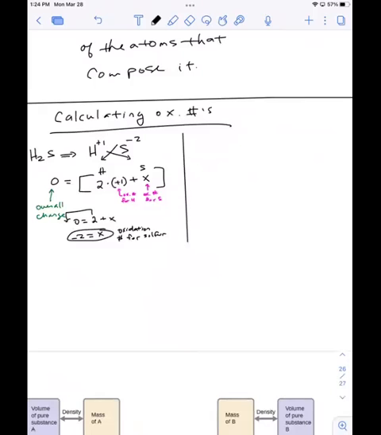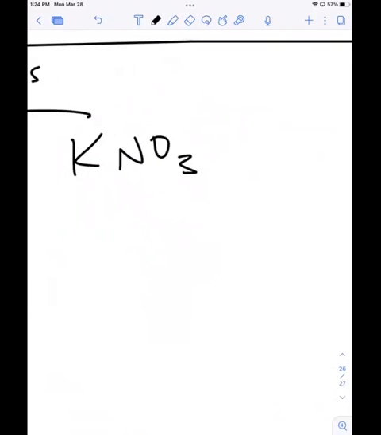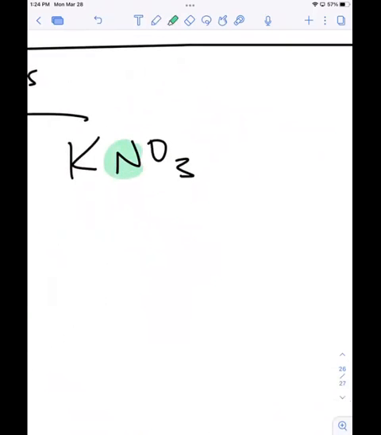All right, let's do another one. Let's take potassium nitrate. And let's solve for nitrogen. Now here, you could actually take the nitrate if you chose to, pull it apart, and find out what nitrogen is. But here we're going to keep everything together and solve it that way.